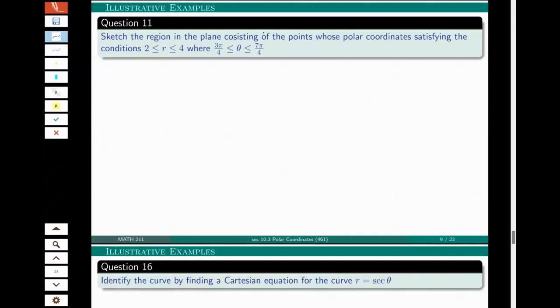Now, here it says, sketch the region consisting of polar coordinates. Let's find R between 2 and 4. So we say this is R, that's beta.